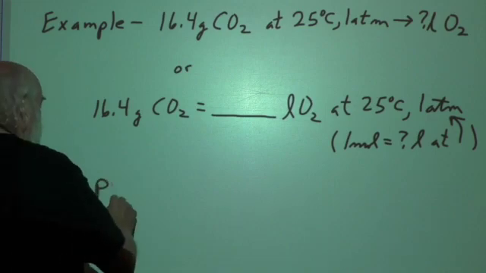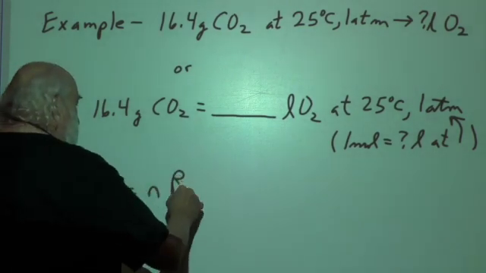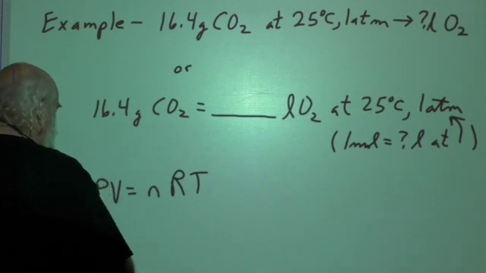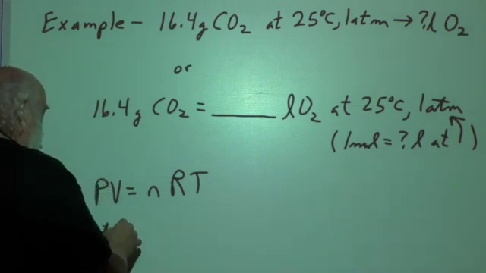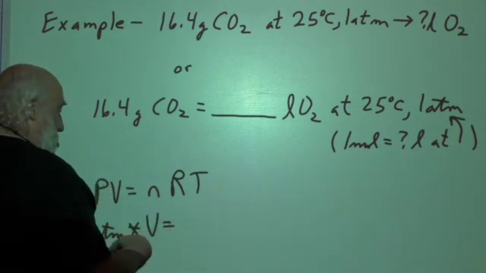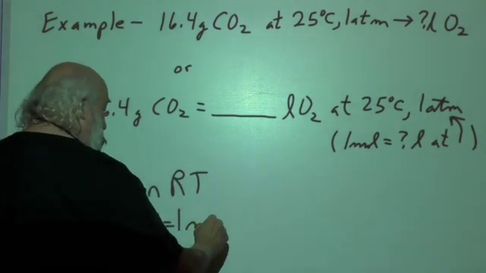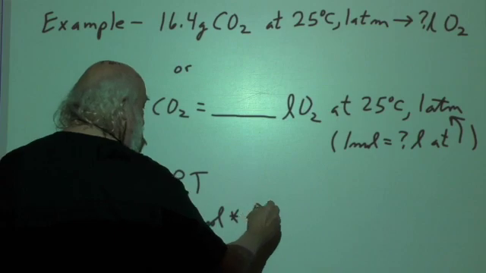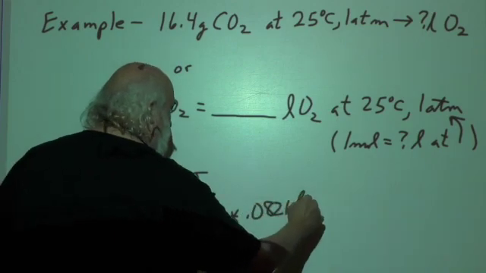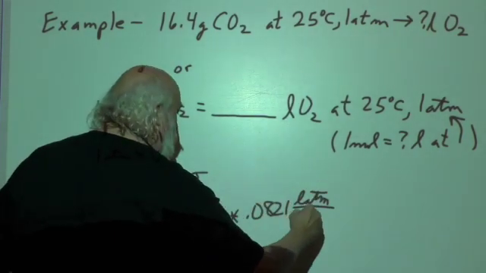PV equals nRT. Pressure is 1 atmosphere. V is unknown. N is 1 mole. R is 0.0821 liter atmospheres over mole Kelvin.